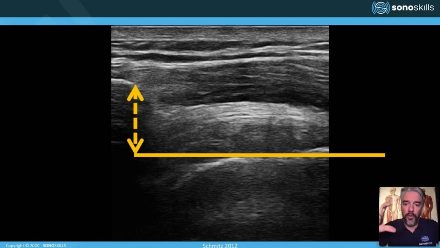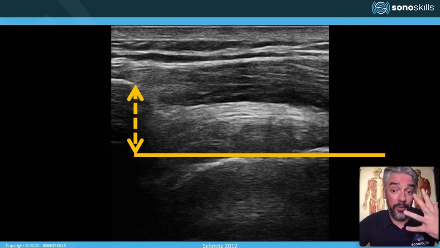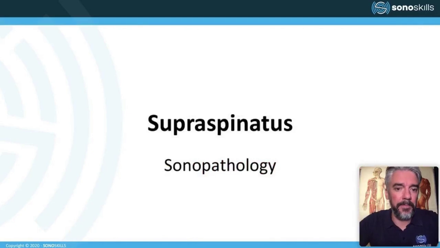Is this acromiohumeral distance smaller? Is the outlet, or the inlet, for the supraspinatus and subacromial subdeltoid bursa big enough? And this really helps me in my clinical reasoning and decision-making.